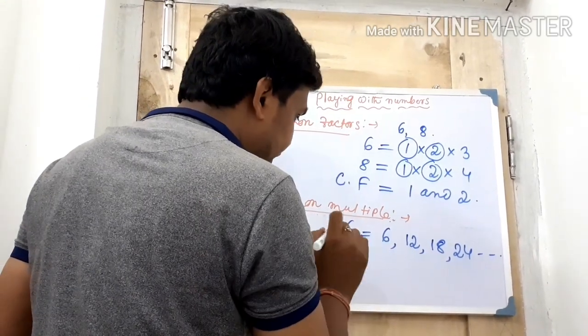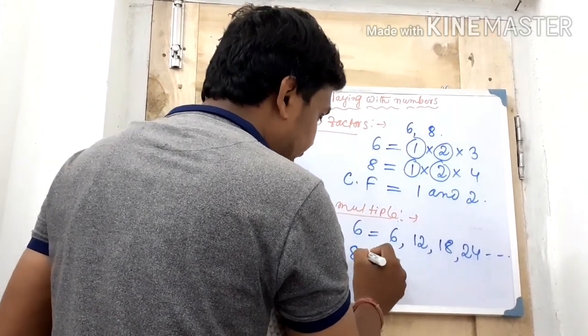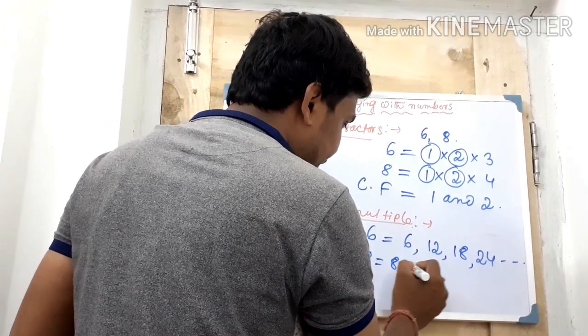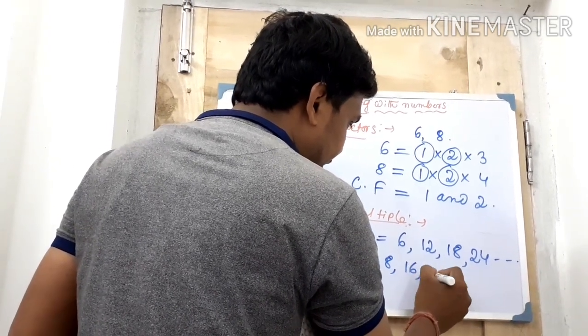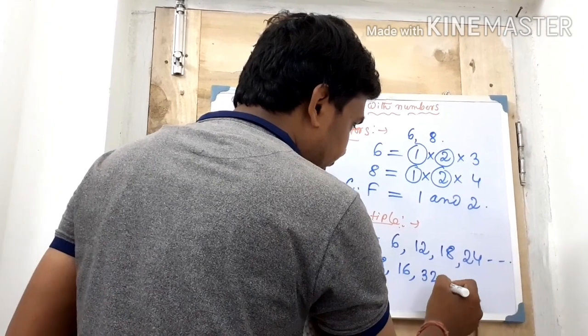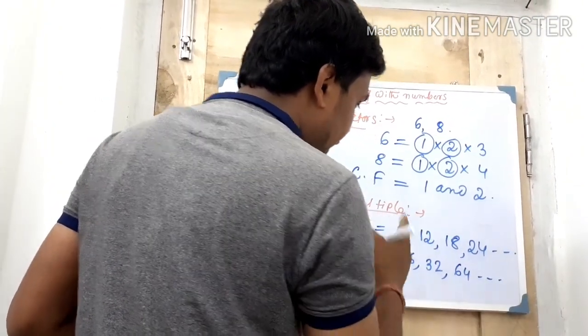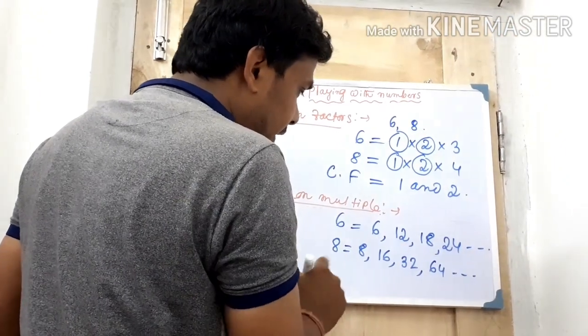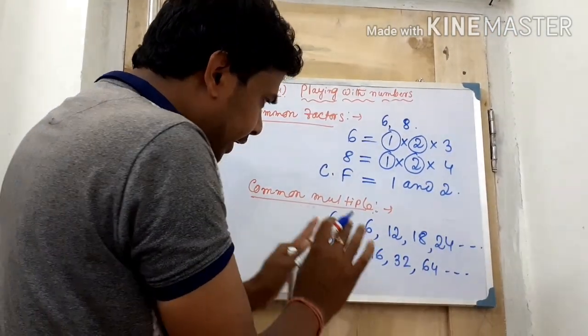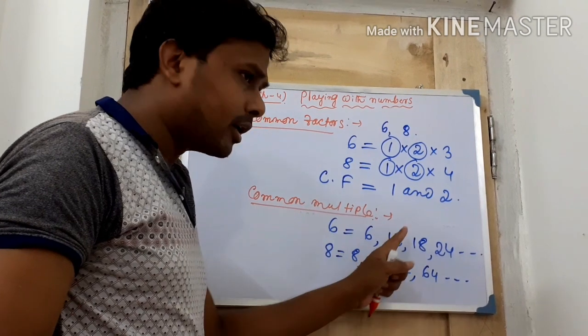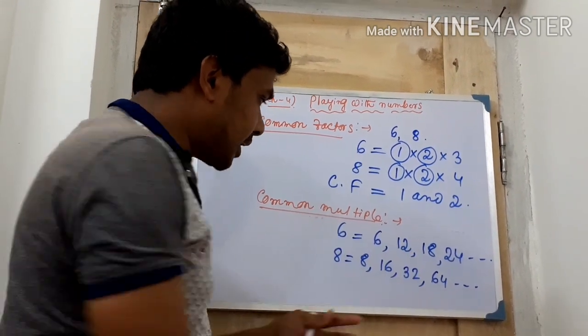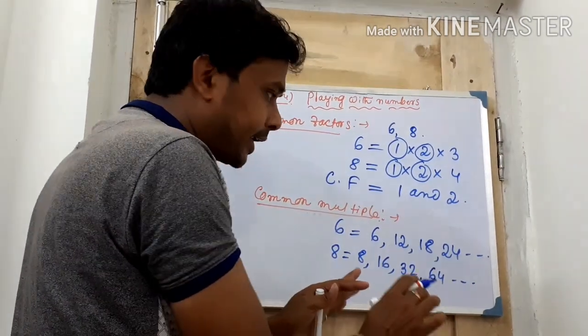In this case, if you take 8, then 8 you will get, 16 you will get, 32 you will get, and 64 and so on. Now if you extend this, are you getting any common thing or not? In these two cases, up to this portion we are not getting any common multiple.